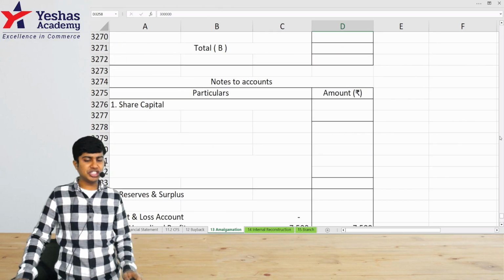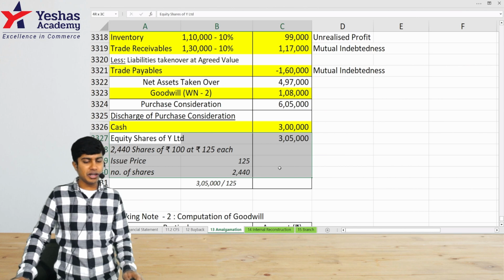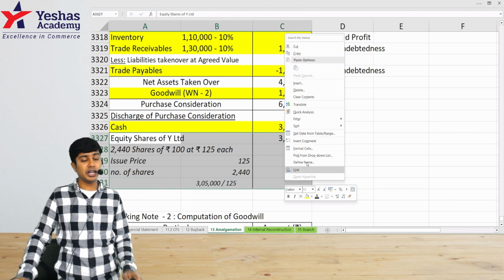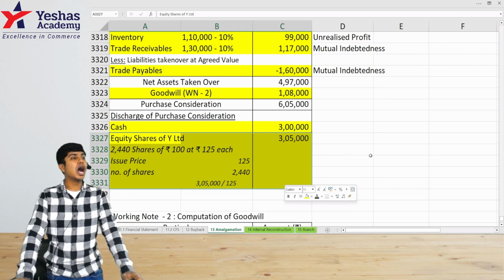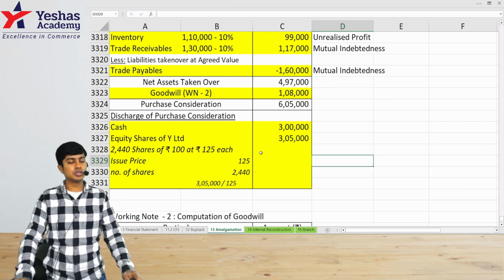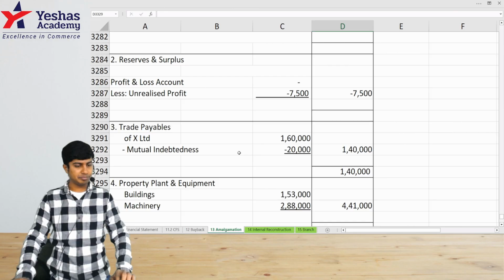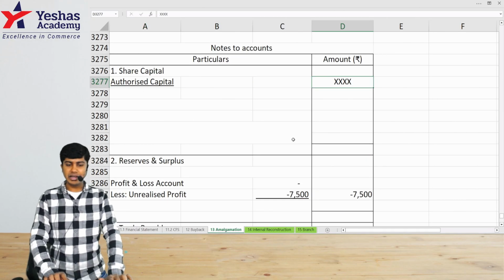And then we've given shares. How many shares? 2,440 shares. In my share capital, I'll write 2,440 into 100. And in my reserves and surplus, I'll write securities premium 2,440 into 25. Can I? Share capital, I don't know my authorized capital. I'll leave it blank.